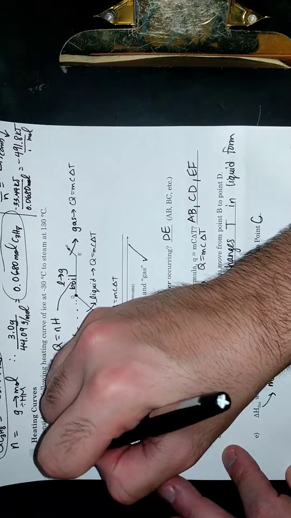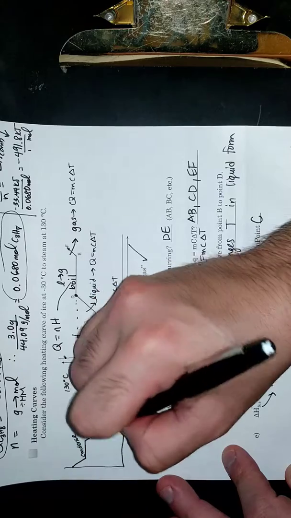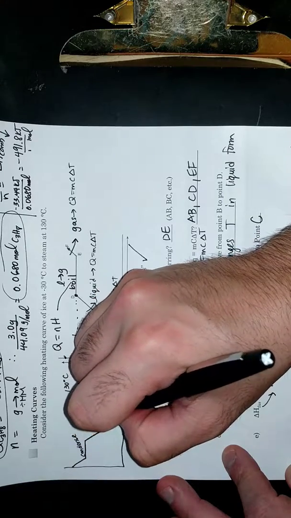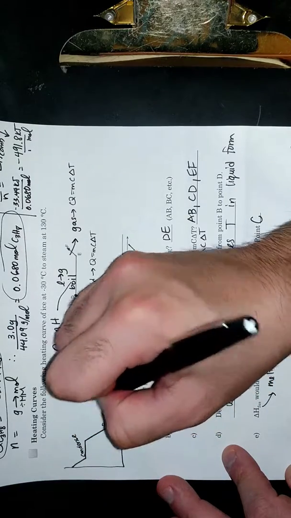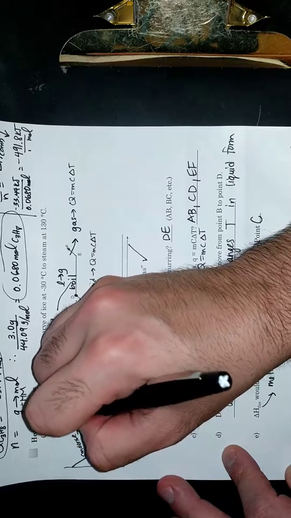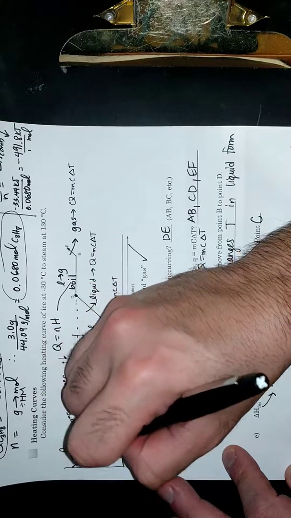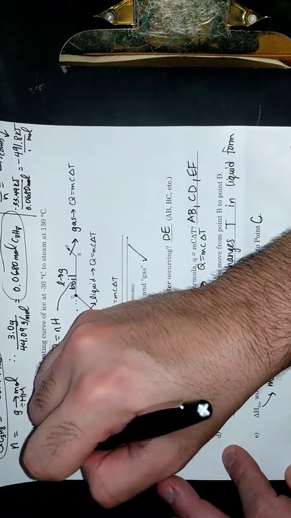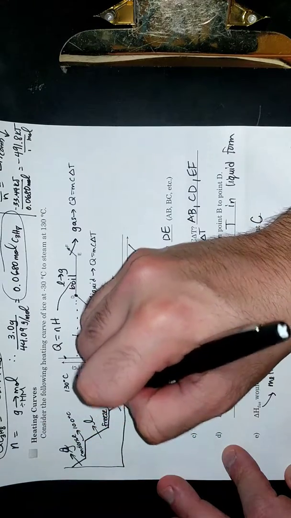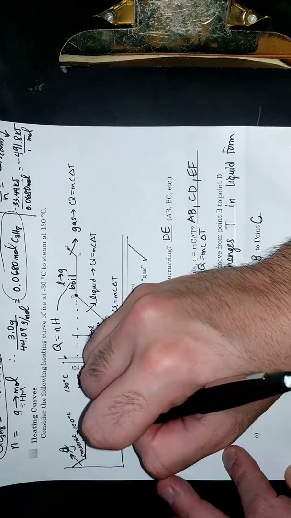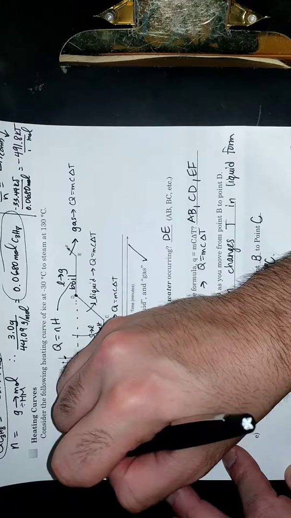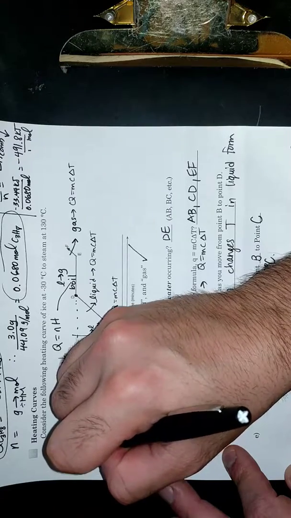So this we would call condense. We would call this freeze, and it would still be at 0 degrees Celsius and at 100 degrees Celsius. And it would be gas, liquid, solid.